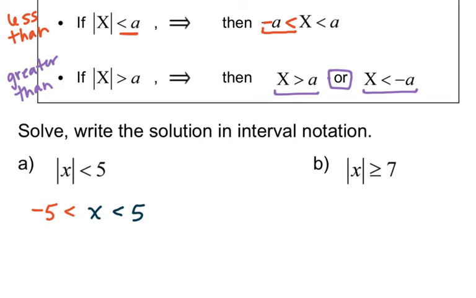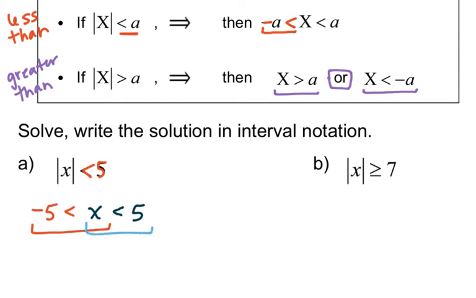Take a minute, make sure that makes sense. I had less than 5, and essentially I put the opposite and the less than symbol on the other side. Now that you see it like this, it's easy to see how this is written in conjunction. We have 2 statements here. I'm going to go about this in a much longer manner than you possibly need.